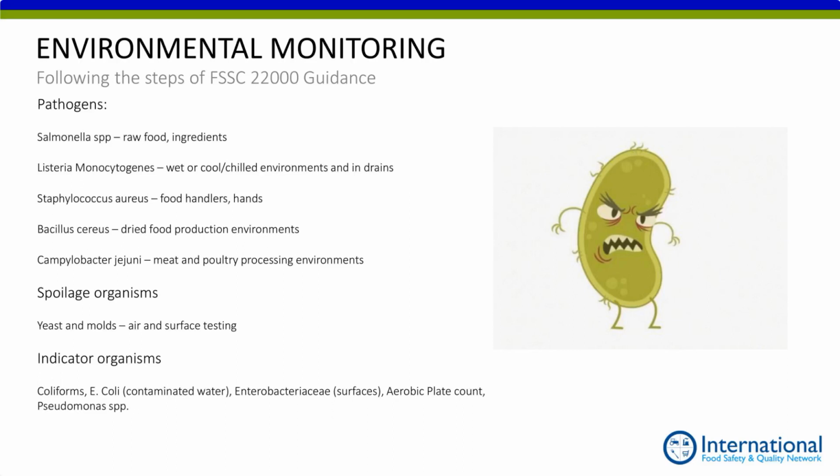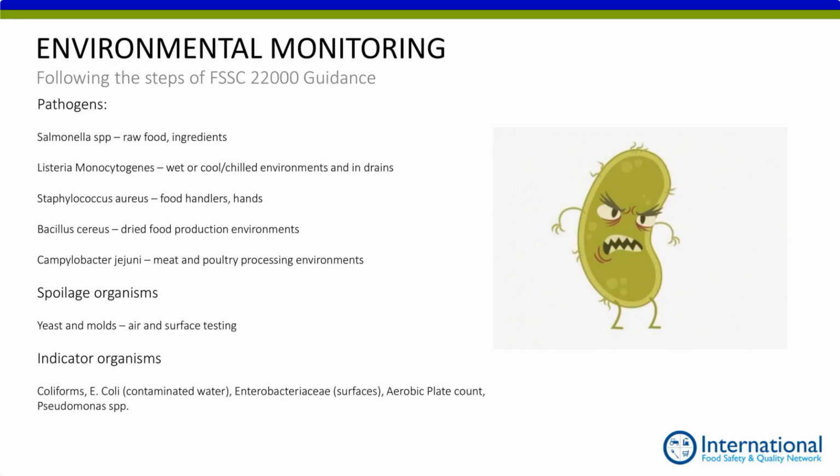Then, of course, you have to think about the spoilage organisms like yeasts and molds that could come from air and surfaces. And of course, there are indicator organisms that indicate that the hygiene is bad, that washing of hands is bad.